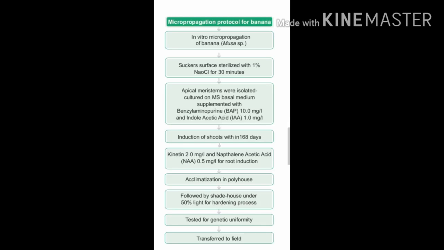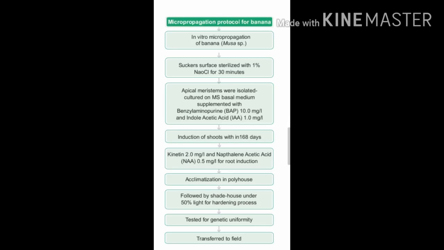An induction of shoots within 168 days, and kinetin 2.0 mg and naphthalene are added for root induction, and acclimatization in polyhouses, followed by shade house under 50% light for hardening process, tested for genetic uniformity and transferred to the field. This is how bananas are formed on a commercial scale in large production.